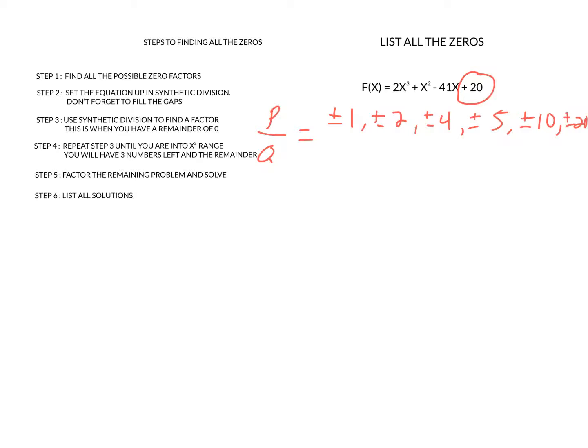Kind of run out of room. Then we'll do the Q values. So we have 2 of them: plus or minus 1, plus or minus 2. By listing our factors, we're going to have 2 fractions.